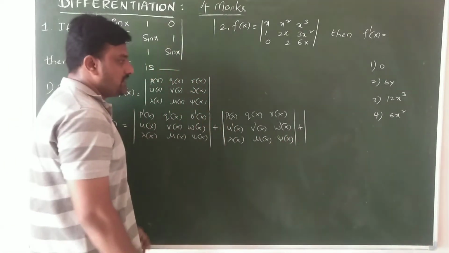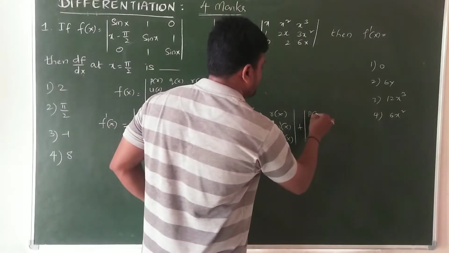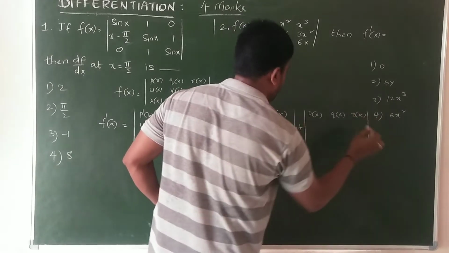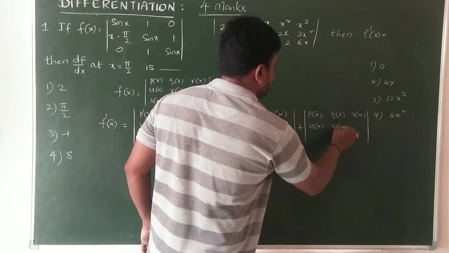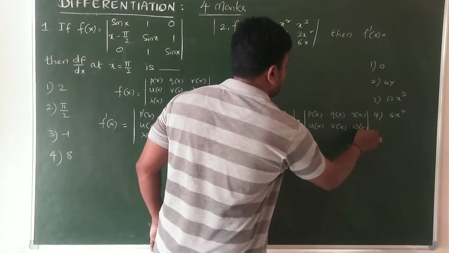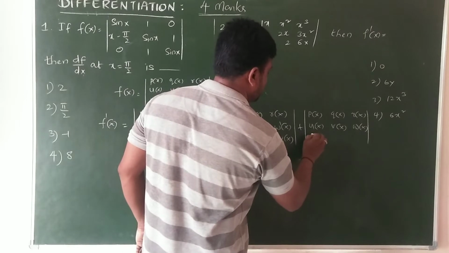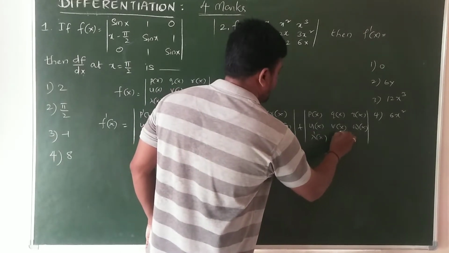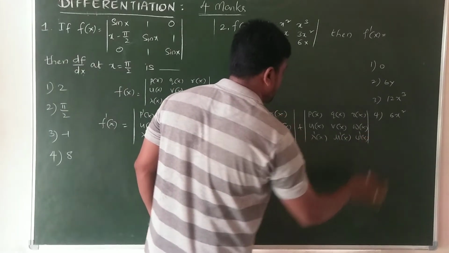Similarly, in the third term, two rows are as they are: u of x, v of x, w of x. Now the derivatives of the third row: lambda dash of x, mu dash of x, psi dash of x.